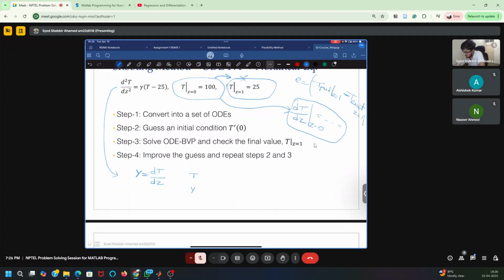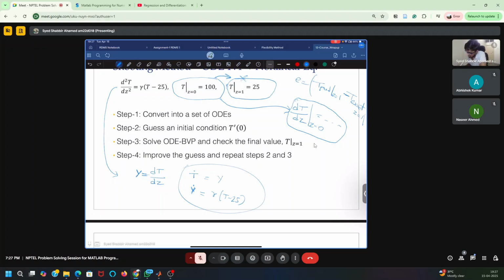So x dot equals, sorry, t dot equals y, and y dot equals gamma into p minus. So these two become our two ordinary differential equations.